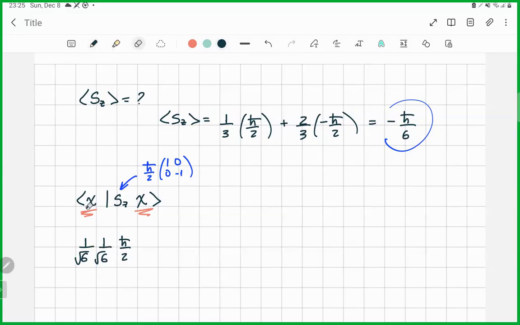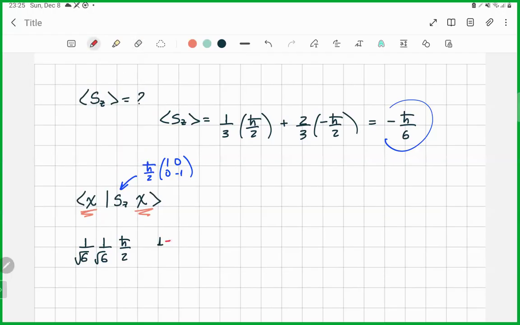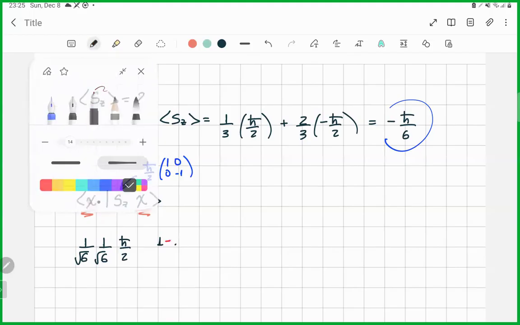Now I'm going to write the bra, which is the vector that is given to us. But careful, when you put it in the bra, you have to take the complex conjugate of the complex numbers. We have 1 plus i as the element in the vector. Now that it's in the bra, this becomes, complex conjugate, 1 minus i.